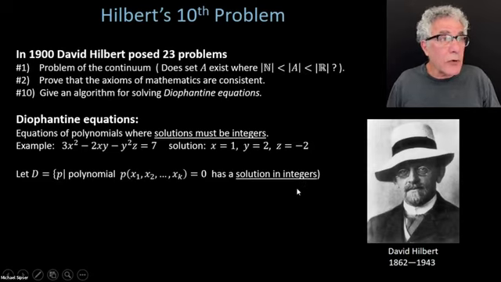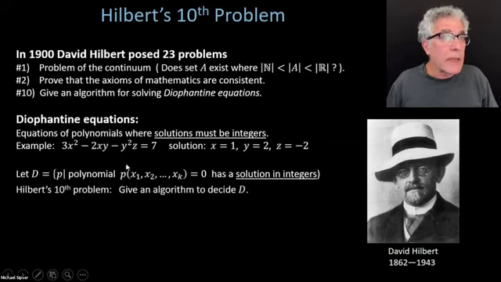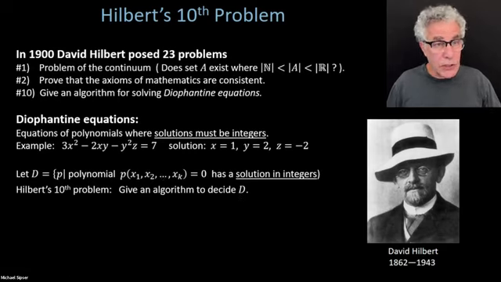And what I'm looking for is a procedure which will tell me yes or no. I want to know, give an algorithm to answer that question for a given polynomial, or using the language of this course, defining this in terms of a language, decide this language. Give a Turing machine which will decide yes or no for any given polynomial. Yes, there is a solution in integers. No, there is no solution in integers.